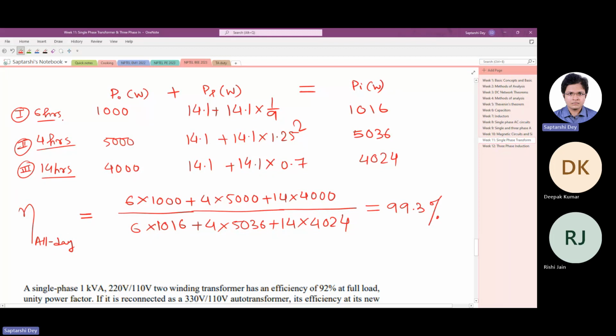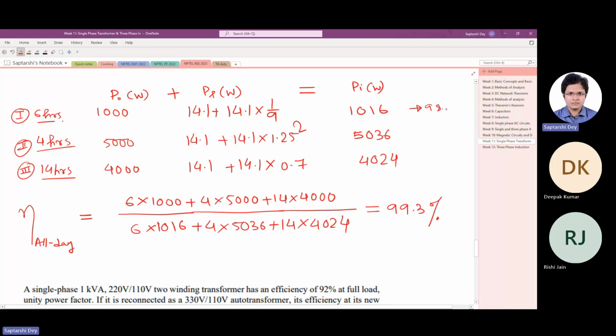So you can understand that throughout the day. So if you see, say for this 6 hours, the efficiency was 98.4%.